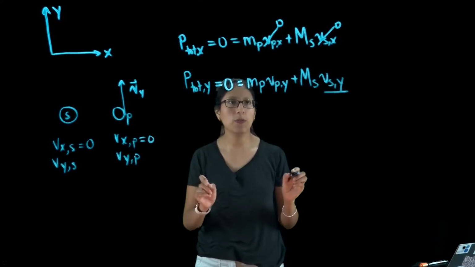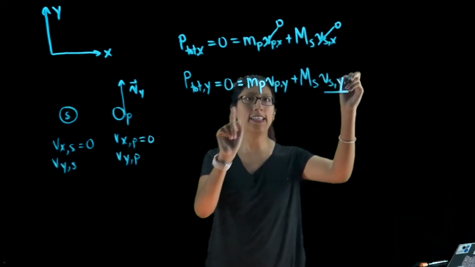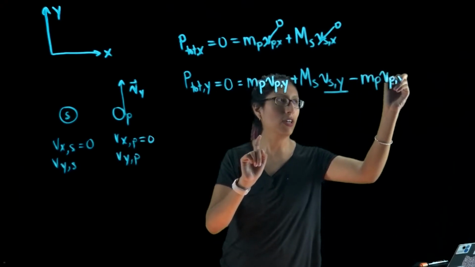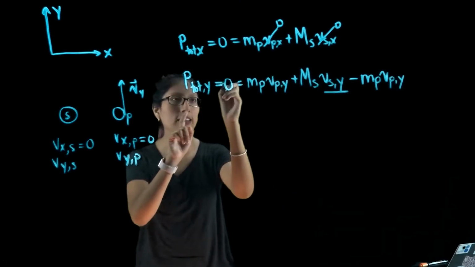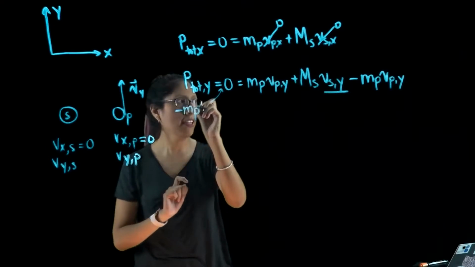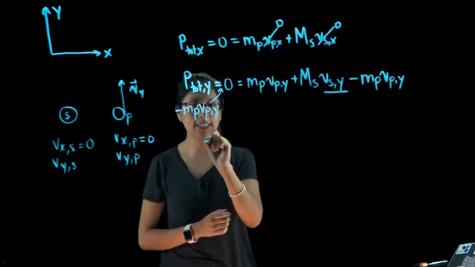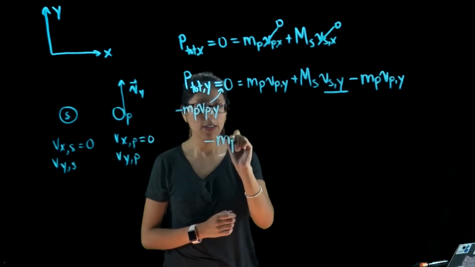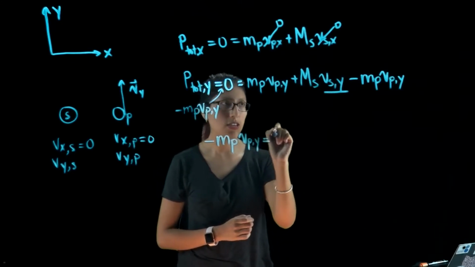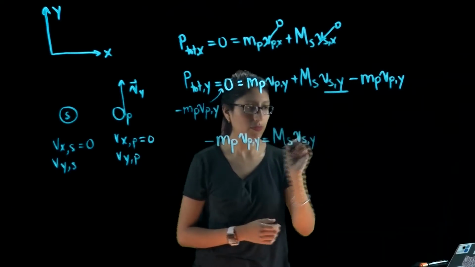So what I'm going to do is on either side, I'm going to subtract mass of the planet times the velocity of the planet in the y direction. And on this side, right in here, I'm also going to subtract mass of the planet times velocity of the planet in the y direction, such that I get minus m planet, v planet in the y direction is going to equal mass of the sun times the velocity of the sun in the y direction.